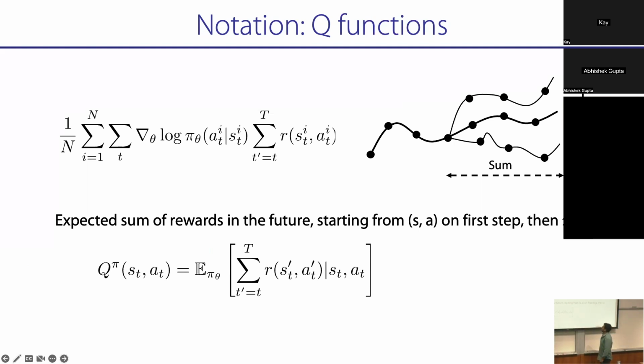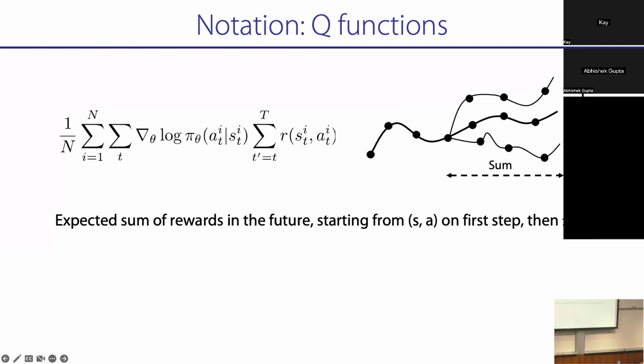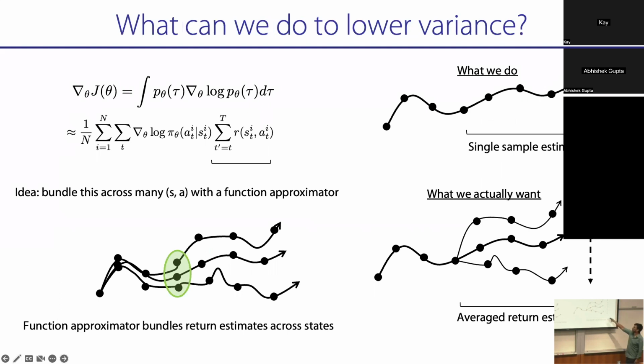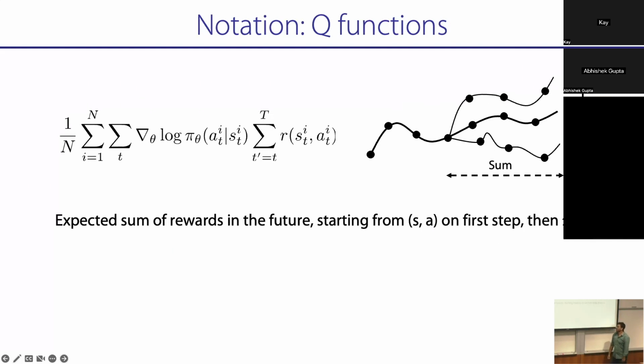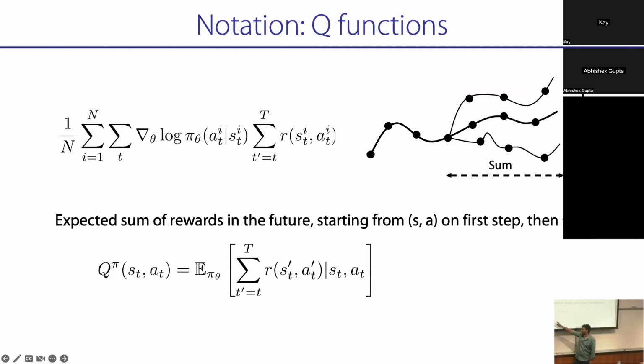It's essentially estimating exactly what we want here: the expected sum of rewards in the future if you're at s, you took a, and then you acted according to your policy thereafter. It's just telling you how good a particular action a is at some state s if you follow the policy π thereafter. Is π here a deterministic policy? It can be a stochastic policy. Yeah, it's an expectation.